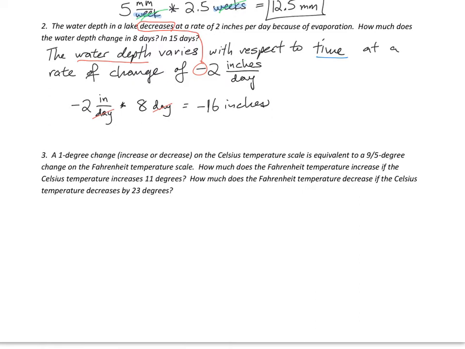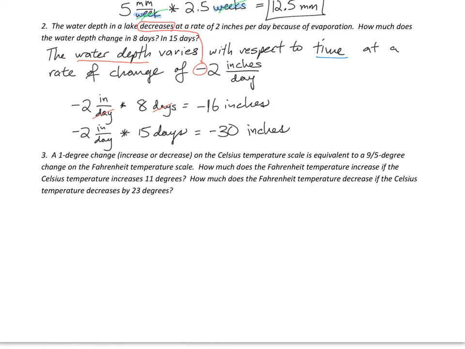And we can do something very similar for the 15-day period. If we have negative 2 inches per day times 15 days, then we get negative 30 inches, which is pretty drastic, I think. That's a drop of 2.5 feet.